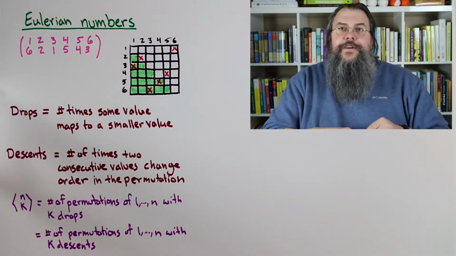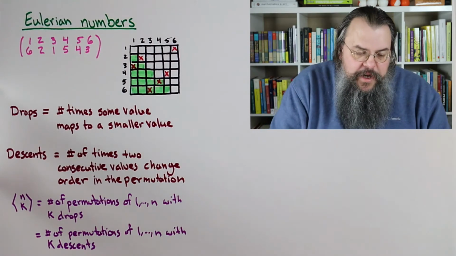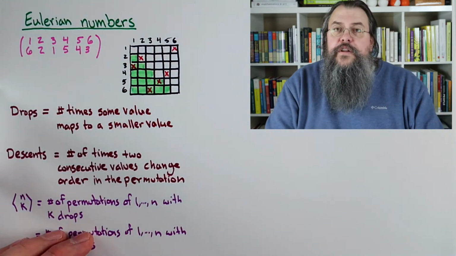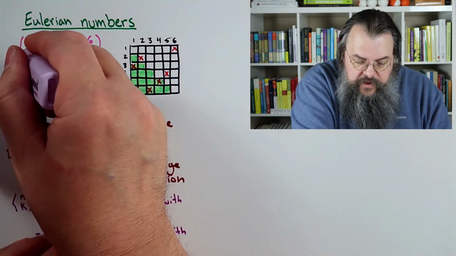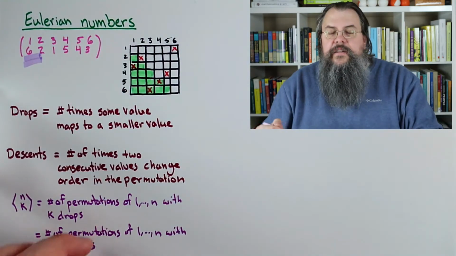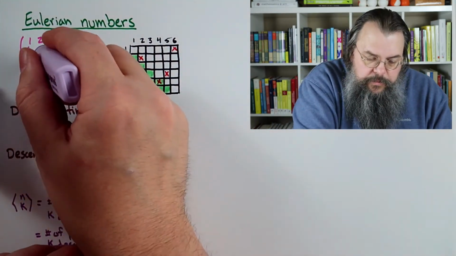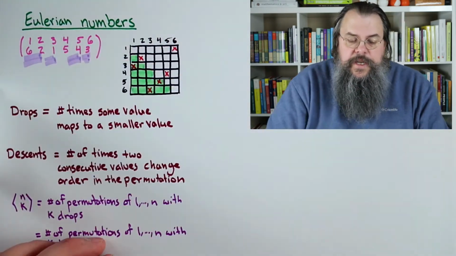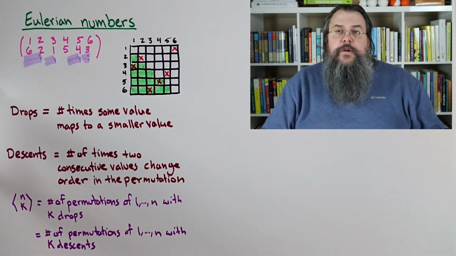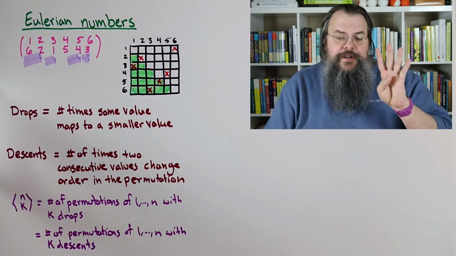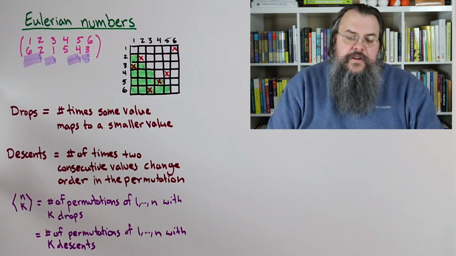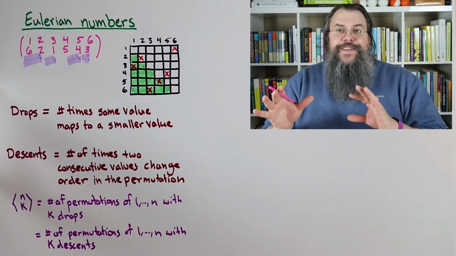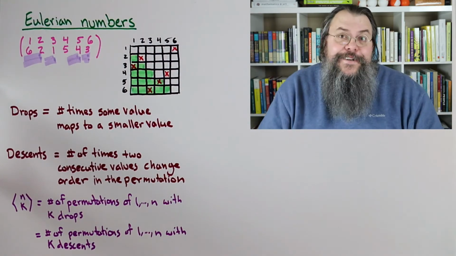If we look at our one-line notation, which means just look at the bottom, we look for a large number followed by a small number. So 6 is followed by a 2. That's a descent. 2 by a 1, that's a descent. 5 down to 4, 4 down to 3. So this permutation has 4 different descents. And notice it has 3 different drops. So drops and descents are not the same thing. But here's a really cool fact.